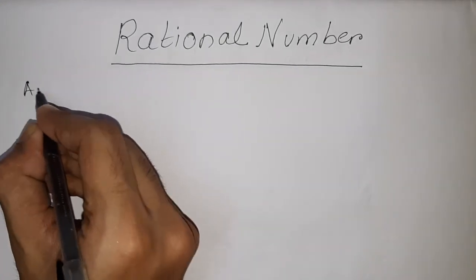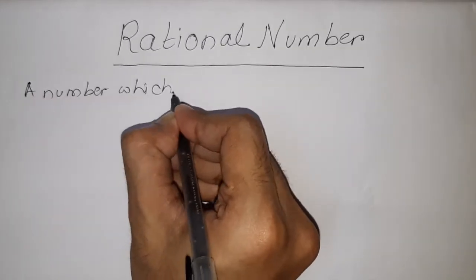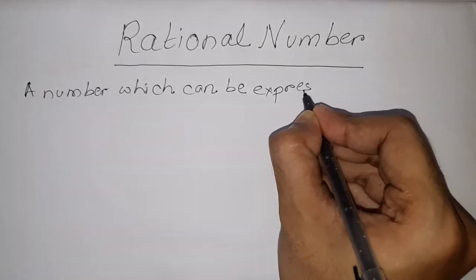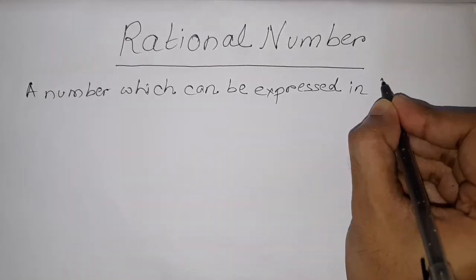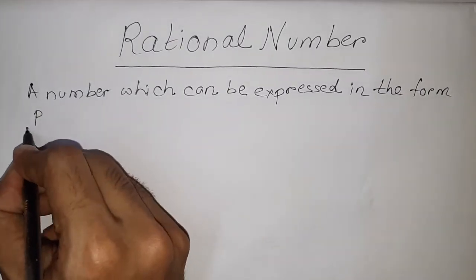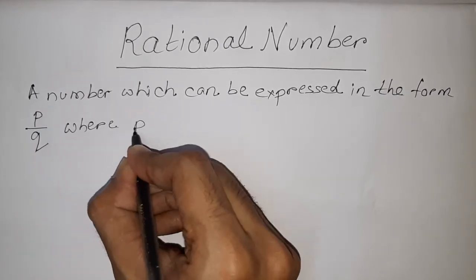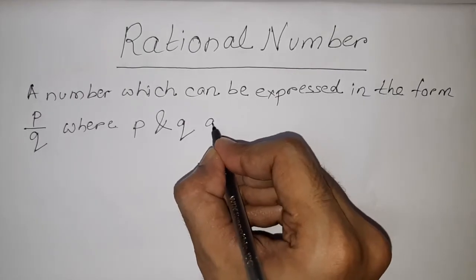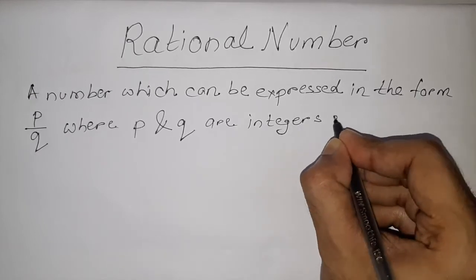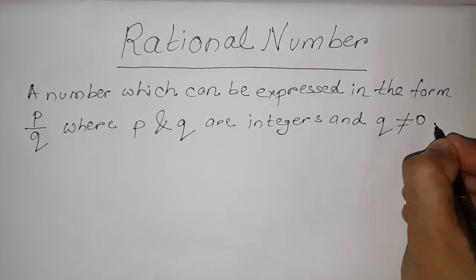A number which can be expressed in the form P by Q, where P and Q are integers and Q not equal to 0.